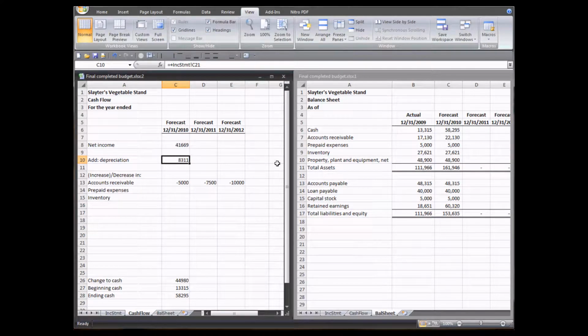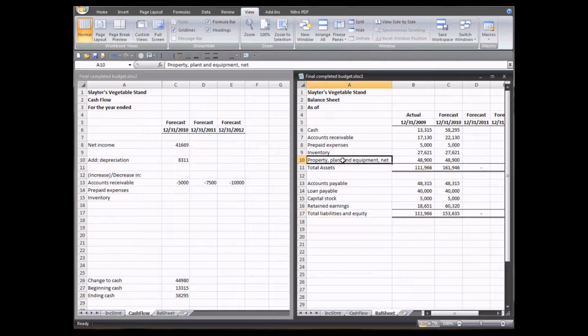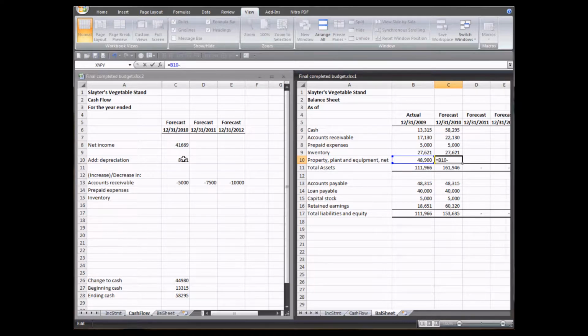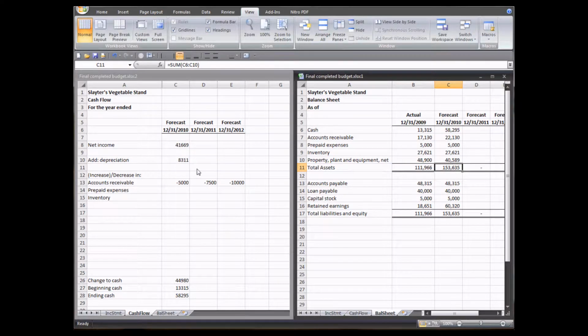Remember how depreciation affects our balance sheet? It has the accumulated depreciation, which reduces our net equipment. So here, under the property, plant, and equipment, not only do I want to grab the prior balance, but I also want to subtract my depreciation for the time period. And now you can see, once again, I'm back in balance.